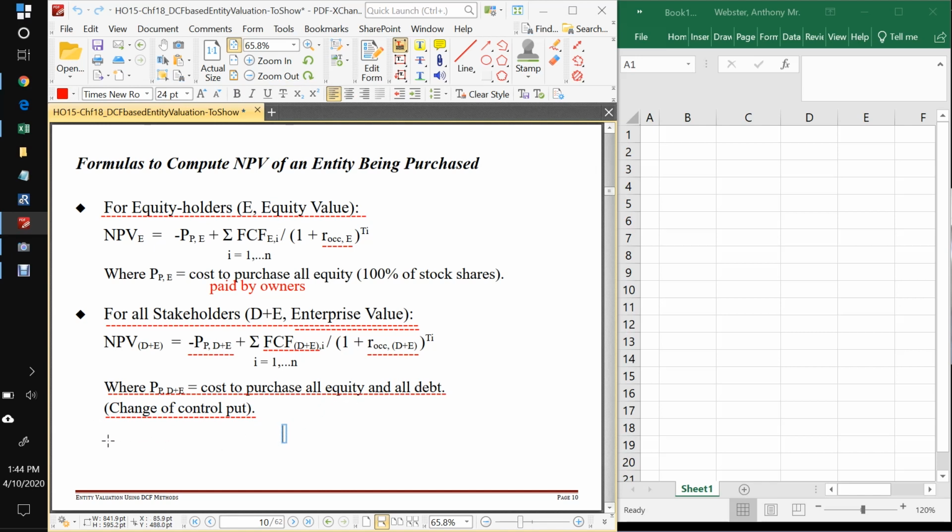Let's say that you own a firm and the market value of the equity of the firm is, say, 100 million, and you have 100 million in loans for this firm. And I come along and I want to buy the firm. And I tell you, I'll pay 100 million for your equity for the firm, no problem.